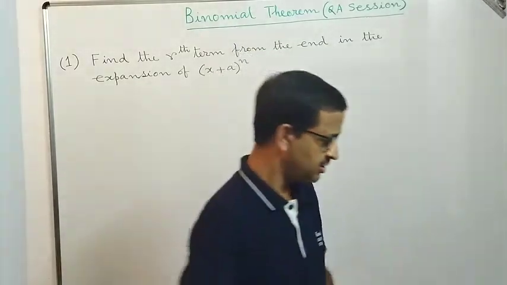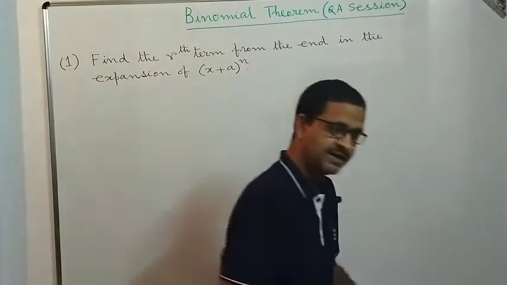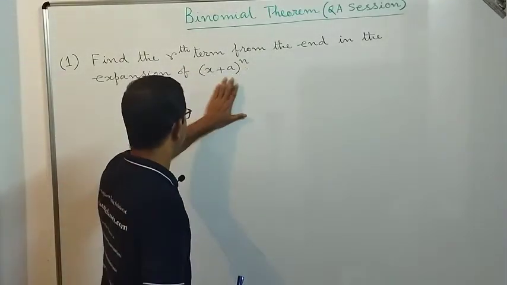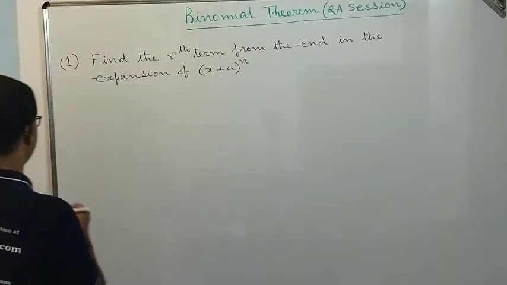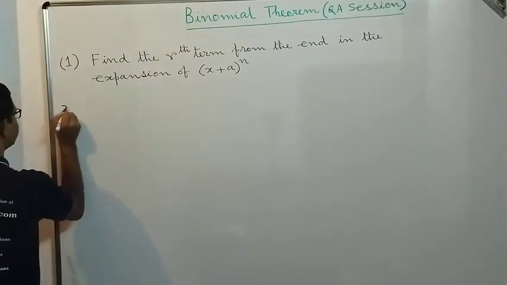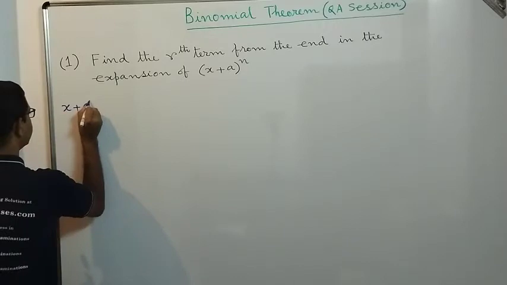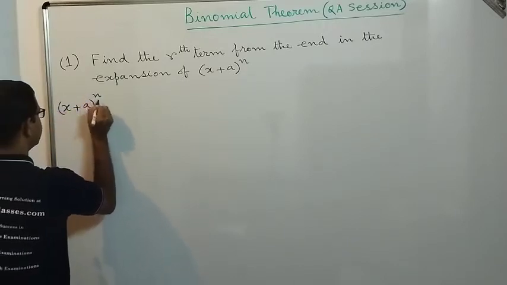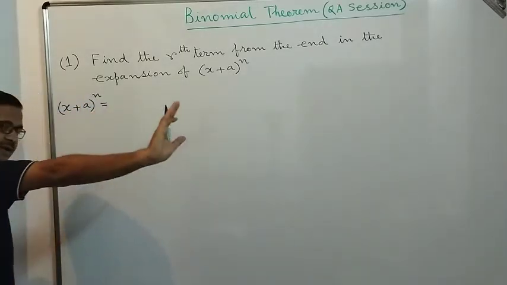How to do that? So to perform that, let us first expand this (x plus a) power n. So if we expand (x plus a) power n, what we get dear students? I am expanding it elaborately.